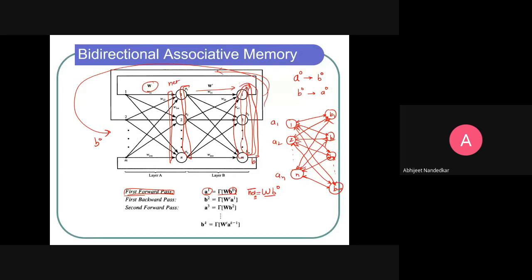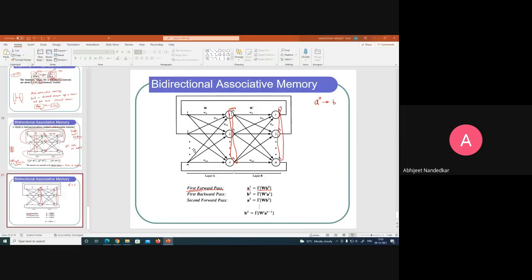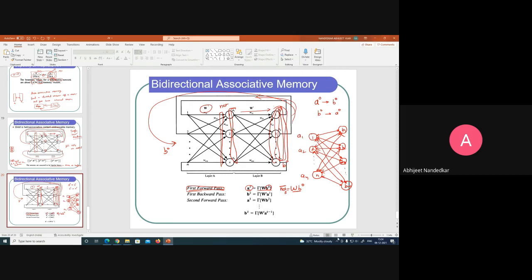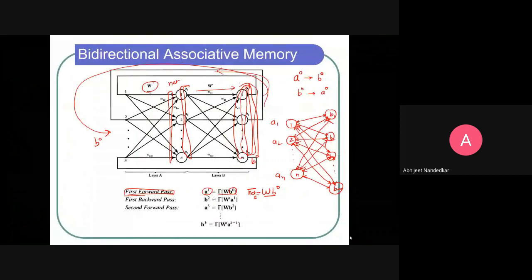Now if I pass it through the activation function, the output is A1 equal to sign of WB0. Okay, so that is available here.